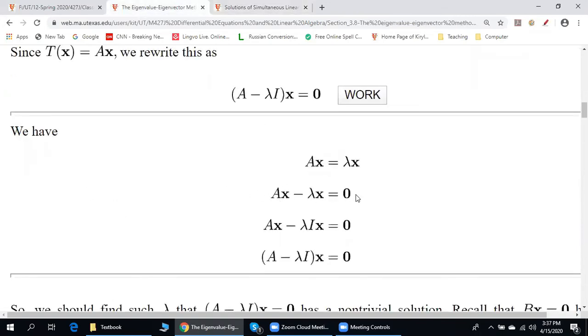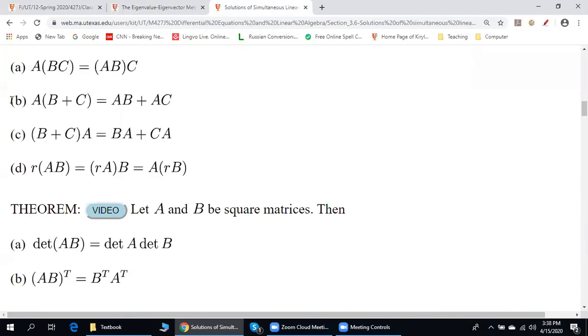Observe that in line number 2, A is a matrix, x is a matrix, but lambda is not a matrix. Therefore, right now, we cannot apply distribution property.